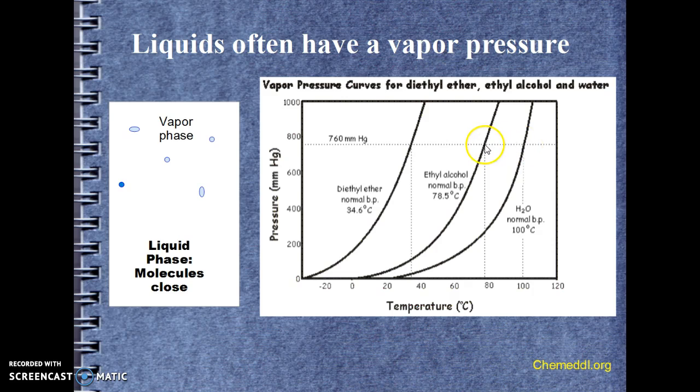For ethanol or ethyl alcohol, it's 78.5 at 1 atmosphere. And for diethyl ether, which is what you may have heard is used for anesthesia in some primitive places, the normal boiling point is just 34.6 degrees Celsius. So the vapor pressure of the diethyl ether at any given temperature is much higher than of alcohol and even of water.